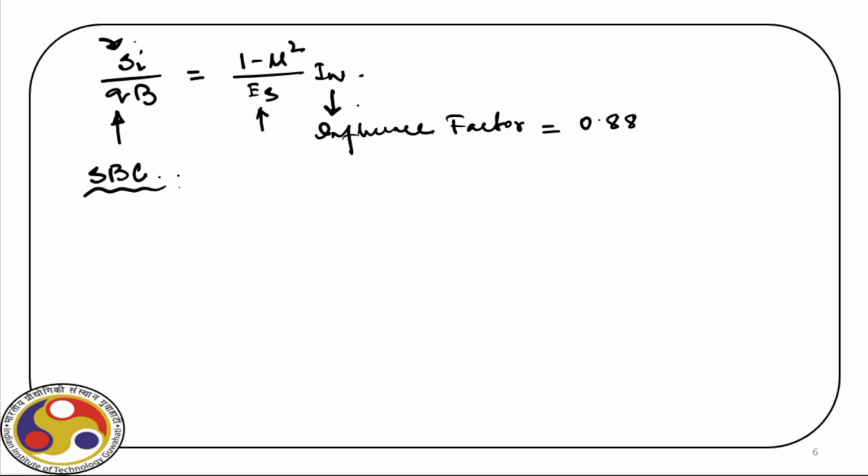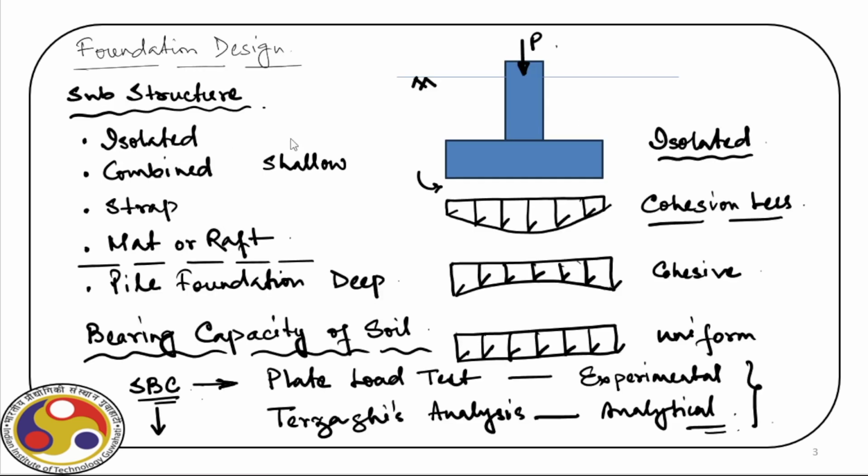Next is our foundation design, obviously as per IS 456, because that is the parent code we are referring to. Now, just imagine we have a foundation. Let us just copy this.